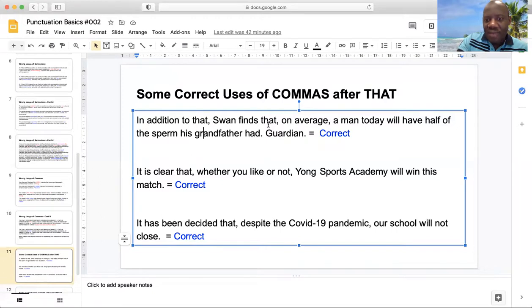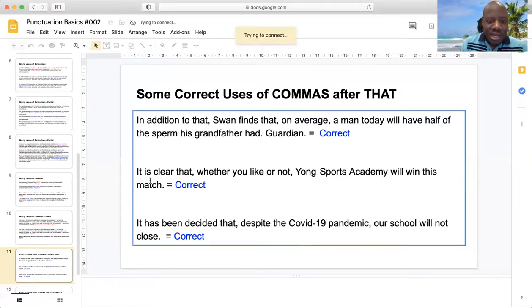And the statistic is not hanging, it has to be contextualized. That's why they say "on average", relatively. "On average, a man today will..." but you can actually remove these things and this sentence will still be correct, having only one comma here, okay?